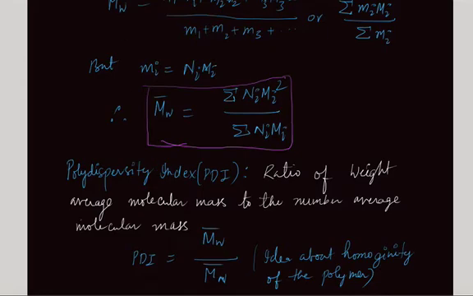Let me put down more terms when it comes to the value of PDI. Case 1 is if PDI is 1, which means Mn will be equal to Mw. In this case, all the molecules have nearly the same molecular mass, so polymers formed by these molecules have the same molecular mass.